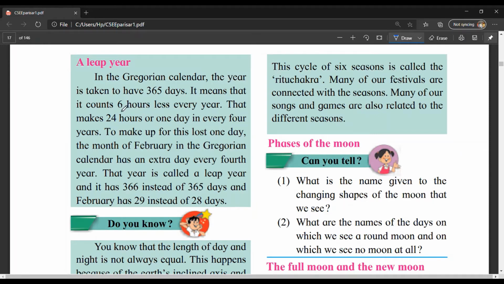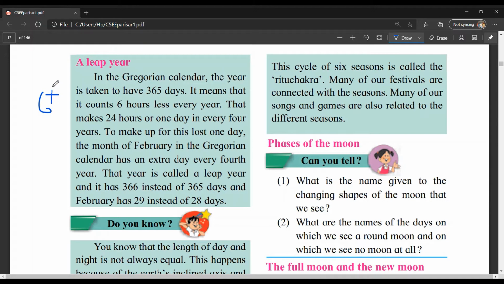After every 4 years, see, 6 into 4, 6 fours are 24. That means after every 4 years it makes 24 hours extra, and 24 hours means 1 day.